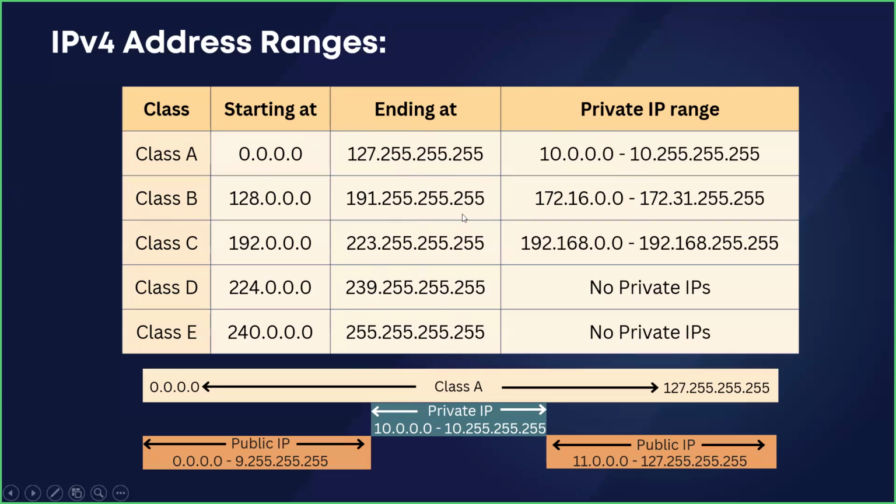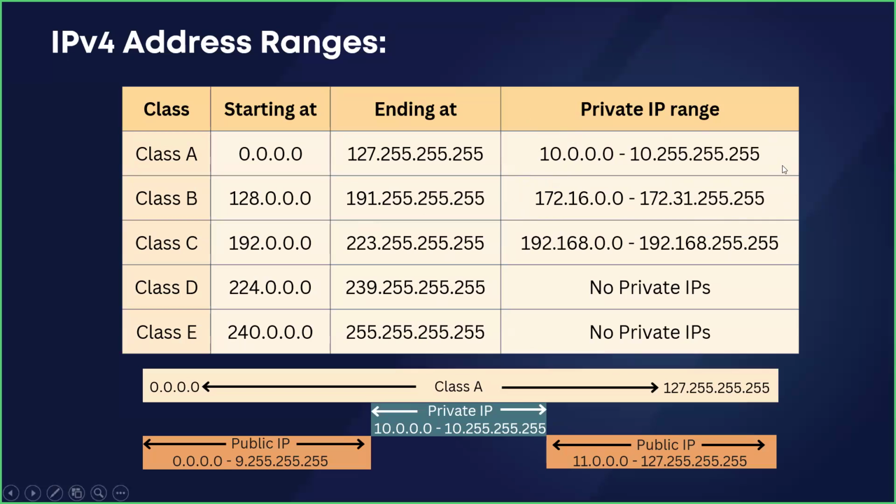In each class, there's a set of public IPs and a set of private IPs. Between 0 and 127, there's a small range of private IPs from 10.0.0.0 all the way up to 10.255.255.255. This entire range is the list of private IPs in Class A. Any IP within this range is a private IP, and any IP outside this range is a public IP.